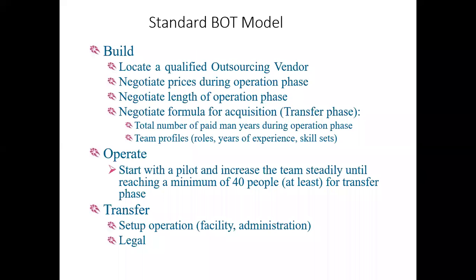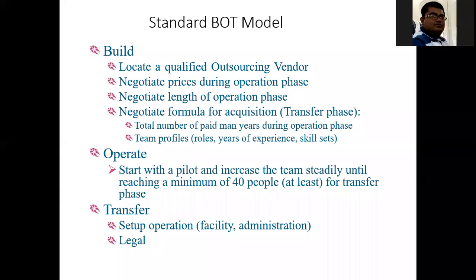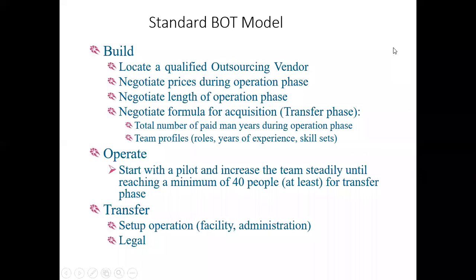If that 50 crore is the negotiation price, then what is the length of the operation phase? If that company is getting, suppose, 1 crore rupees per month and they are required to invest 50 crore, so 50 years they have to run their toll booth.